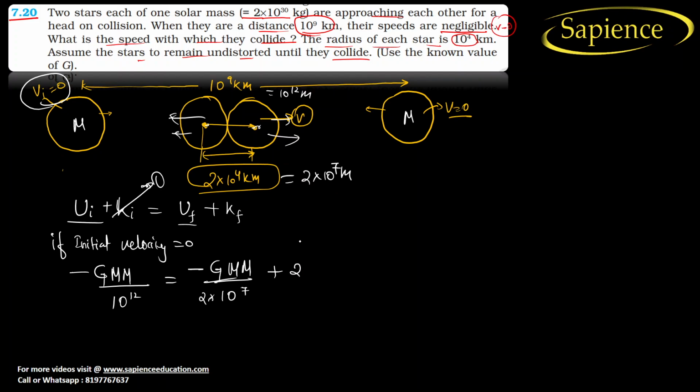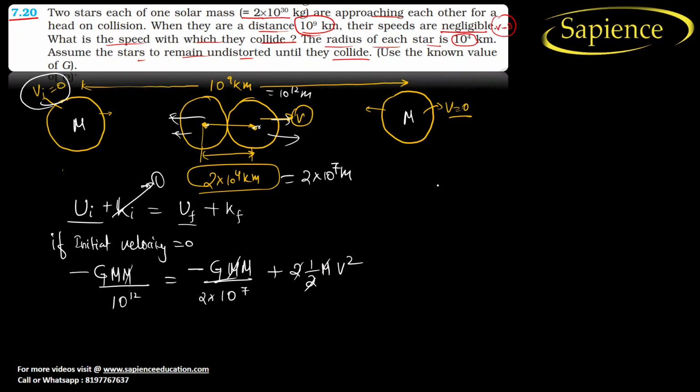By collision theory we can know these things. I hope you can understand this. So this will be 2 times the kinetic energy of each ball, which is half into mass into velocity square. So half cancels out, mass cancels out.